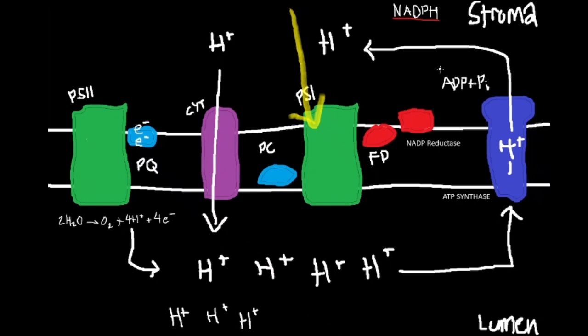So the ATP, you already know what's going to happen, right? If we combine them together, obviously we're going to make ATP. ATP is very essential. Now, ATP is basically the energy currency of the system.